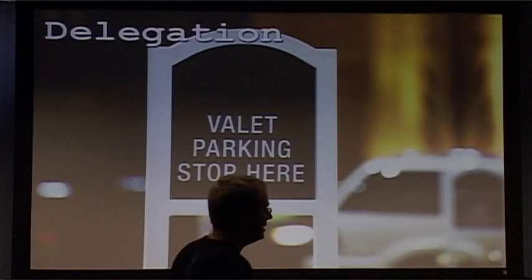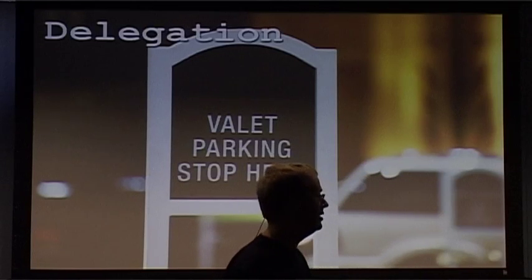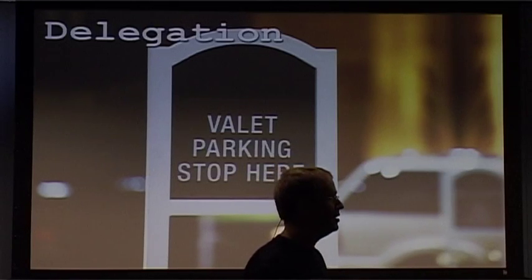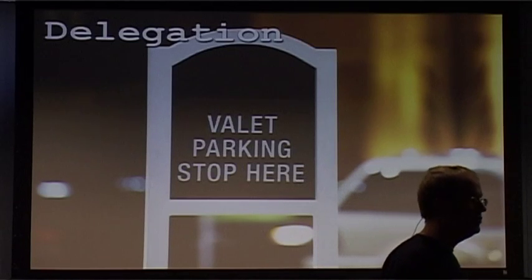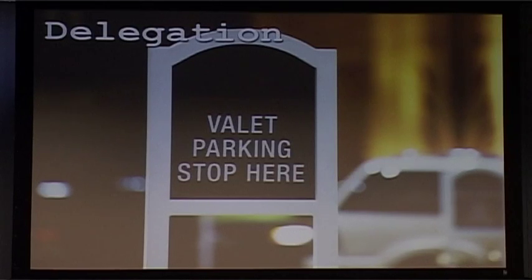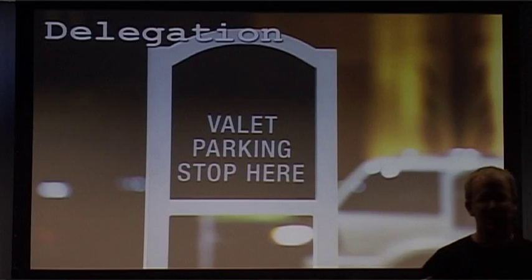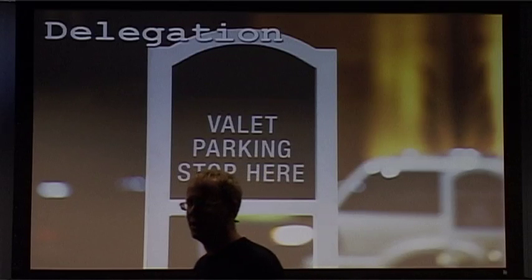And then we're going to talk about delegation. This is particularly related to OAuth 2.0. Delegation is about allowing someone else to use one of your resources. So if you're going up to a hotel and you stop at the valet parking and you give the valet attendant your key, you're essentially delegating the valet attendant access to drive your car.